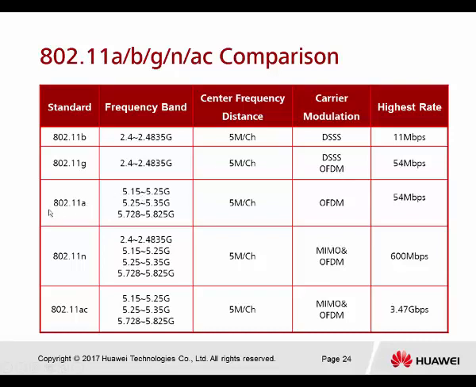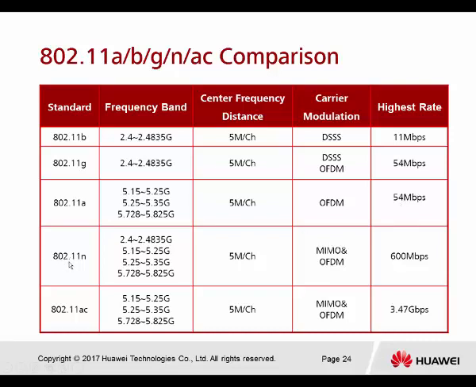Then 802.11a. This one can only work in the 5 GHz frequency band. It only supports OFDM modulation. So from here you notice, as long as the standard can support OFDM, both of them can support speeds up to 54 Mbps.